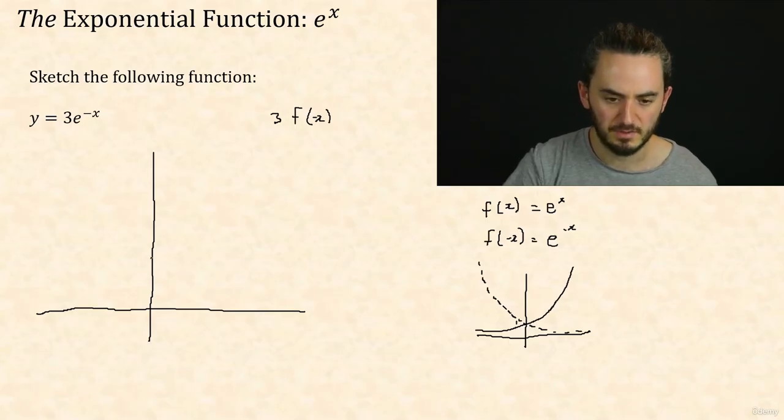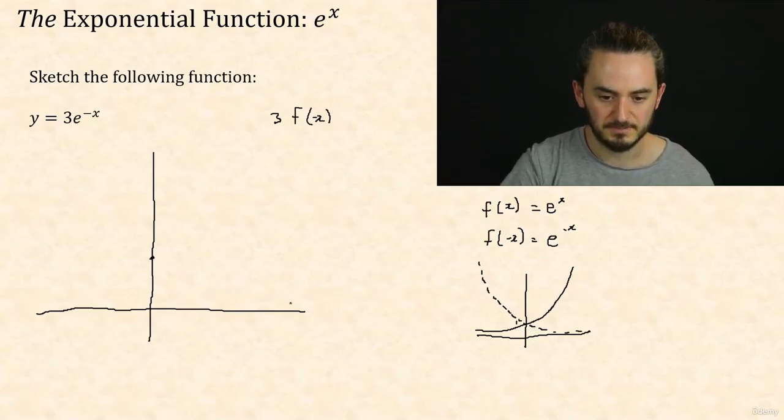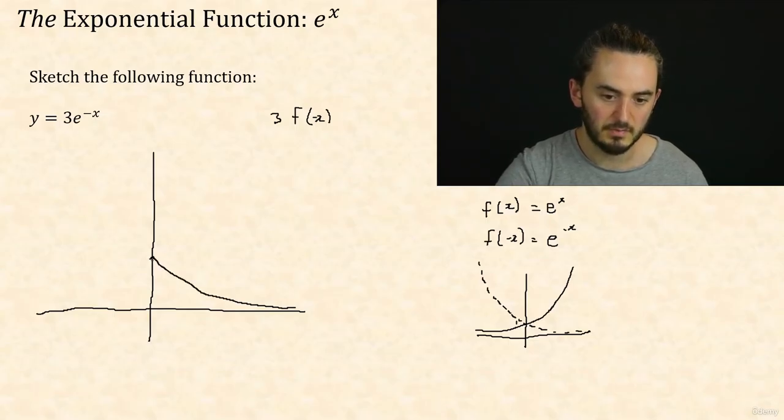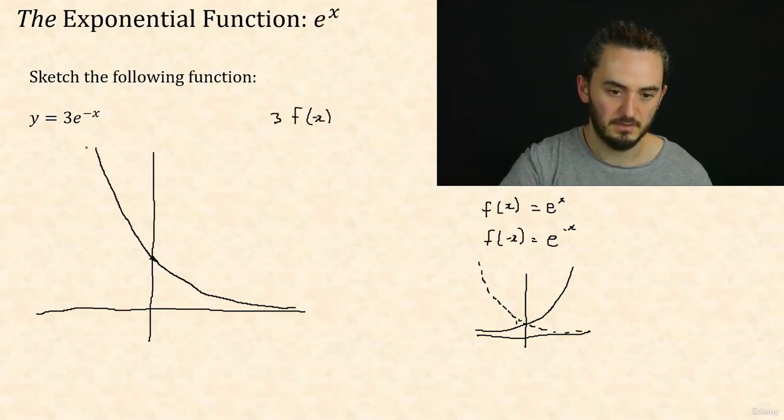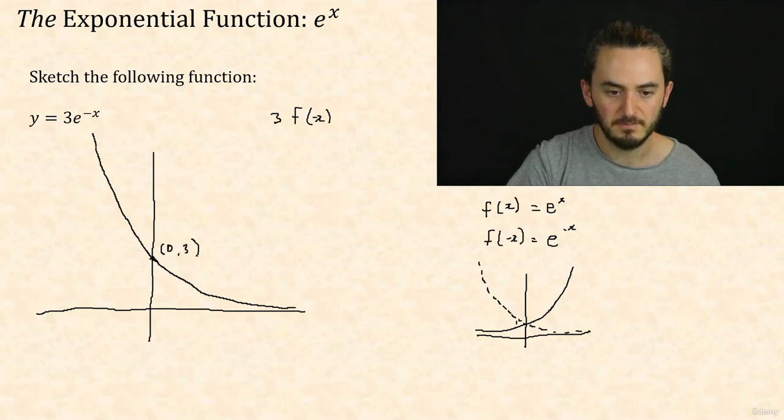So now it's going to cross at 3, because it's just been stretched up a bit. So we have a graph that comes up here, goes up through at y equals 3, and then just takes off, up and away. So this point here is 0, 3.